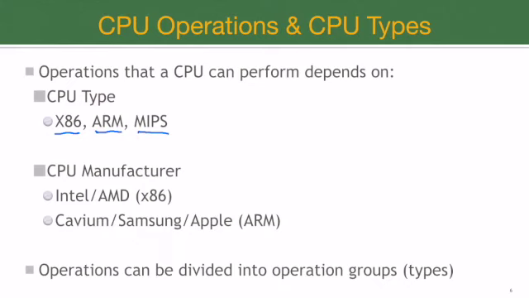The minor variation between x86 processors, for example, comes based on who has manufactured that specific processor. For example, the x86 based processors are manufactured by two well-known companies, Intel and AMD.